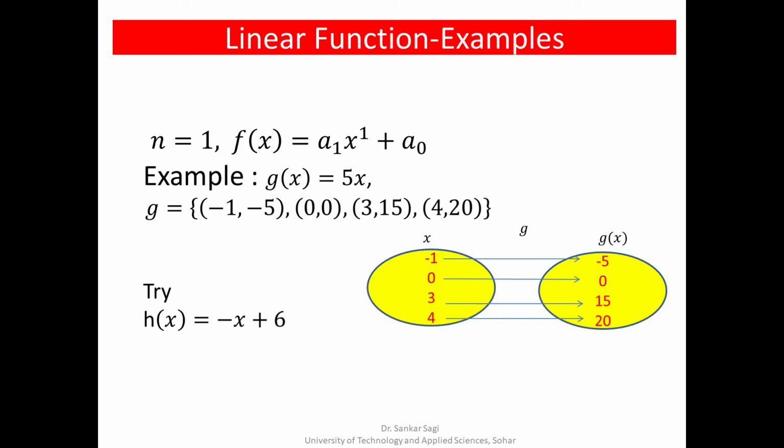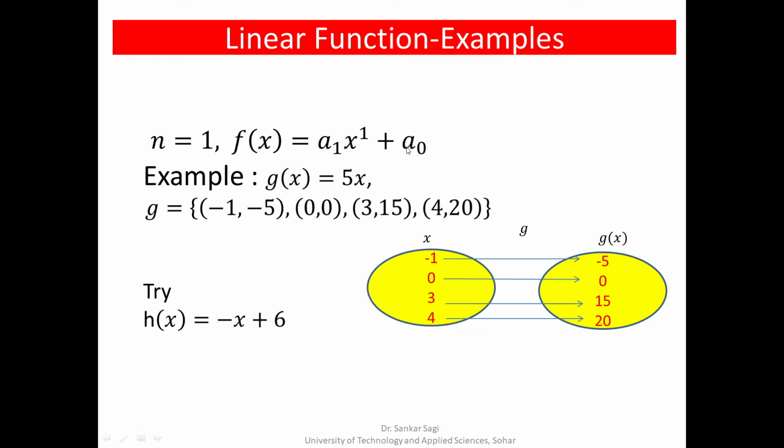Another example of a linear function: f(x) = a1 x^1 + a0. If I take a0 as 0 and a1 as 5, I call this linear function g(x). So g(x) will be equal to 5x with these special values.